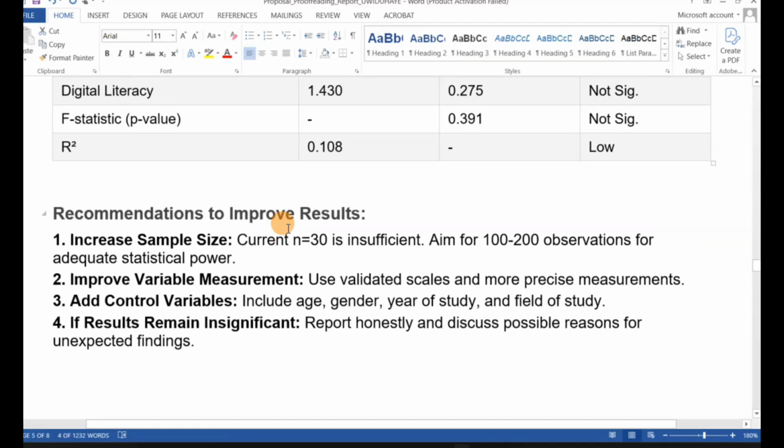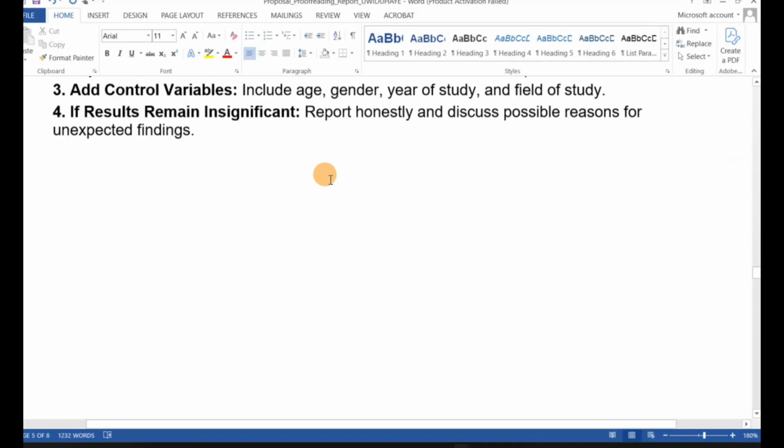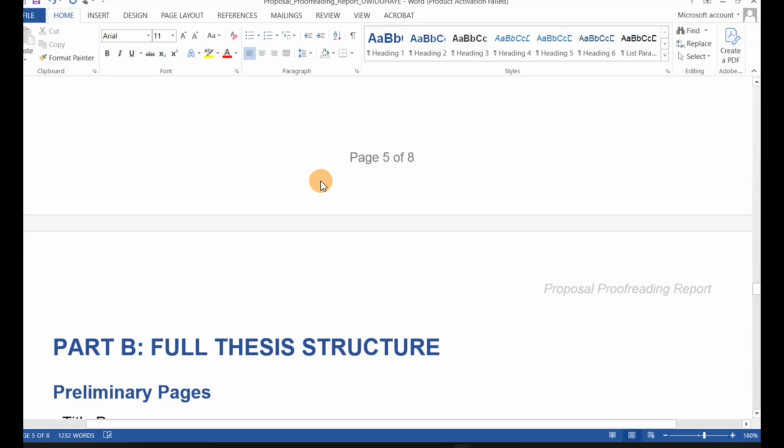And then we recommend you to use a sample, and aim to have 200 observations. Is it possible? It's possible, but very expensive.